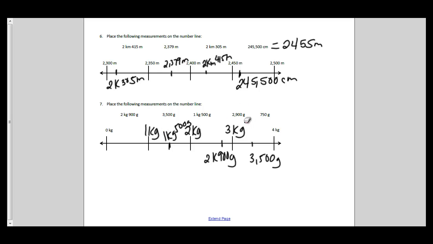All right, this is the same thing as this. Now that's hard to read, but I was trying to write this. And then 750 grams, that's going to be less than 1 kilogram. All right, good luck on your exit slip.